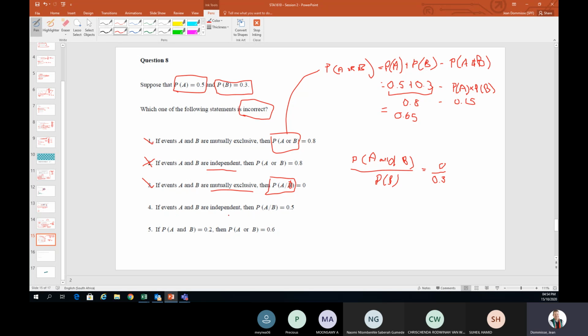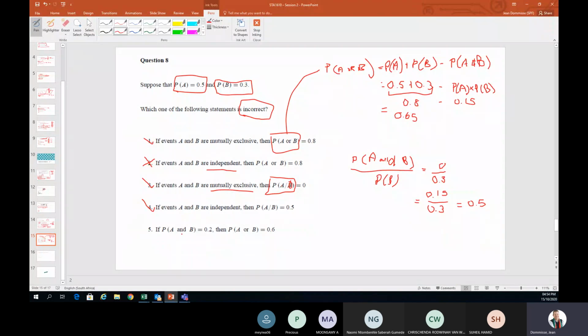If A and B are independent, we use the same formula of A and B. So then the A and B would have been the 0.15. And we need to divide that by the probability of B, which is 0.3. And 0.15 divided by 0.3 will give me 0.5, which is, again, correct.